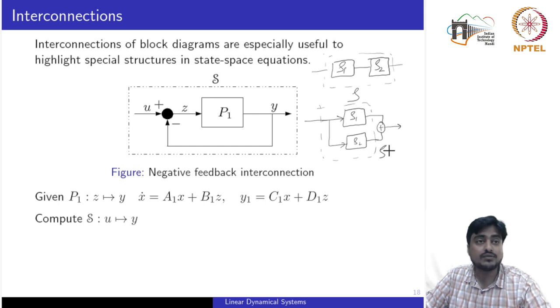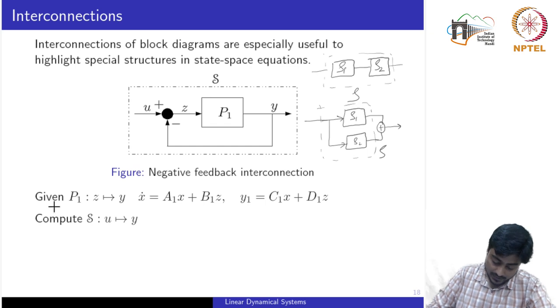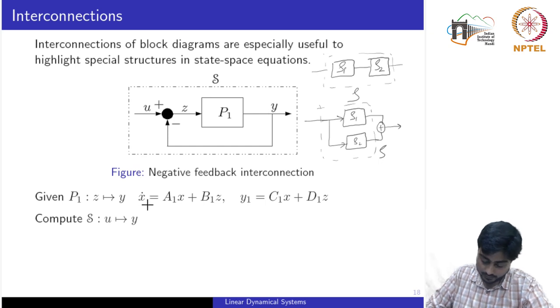Here we would see the feedback system where we define the dynamical system by P1 having an input output variable as z and y, and this y is fed back to the plant P1. Right? Now given this P1, which is basically a mapping from z to y, denoted by this state space representation where we have assumed that A1, B1, C1, D1 all are constants.